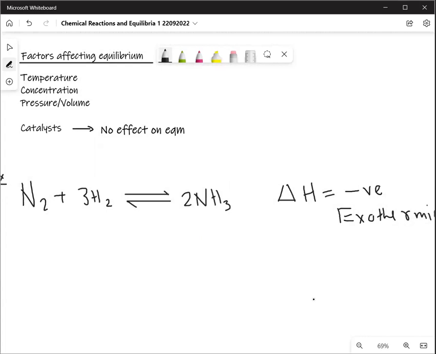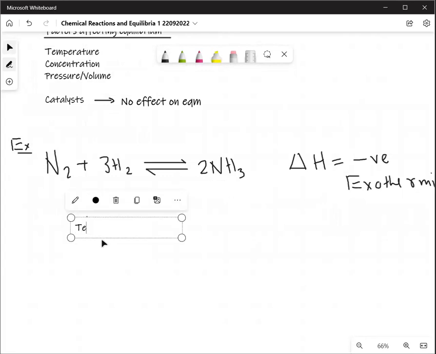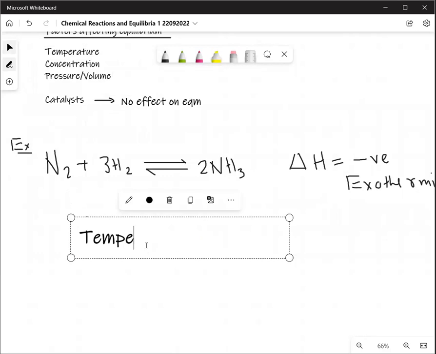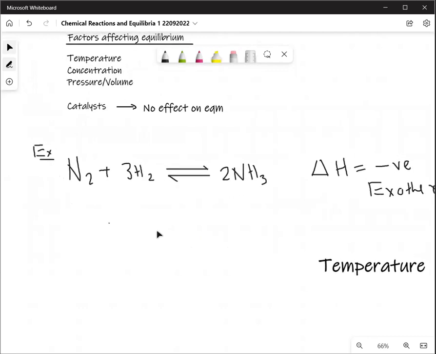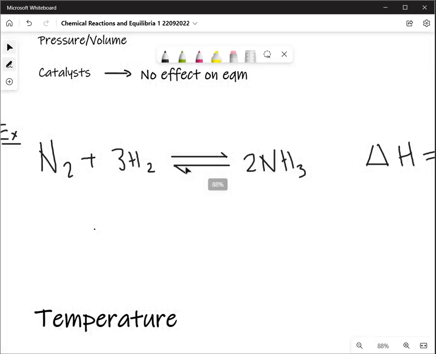All right, Niranjana. The first thing first, we'll look at temperature. How does temperature affect an equilibrium? One thing you need to realize is, in an equilibrium, it is not necessary that both the reactants and products are in the same quantity or amount.